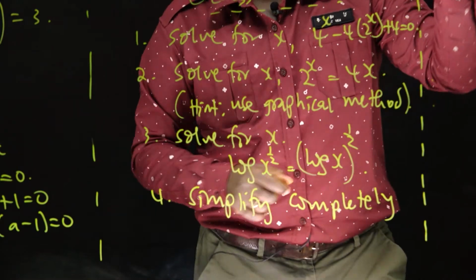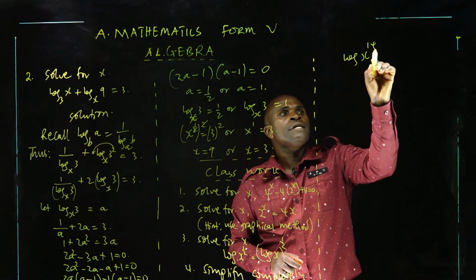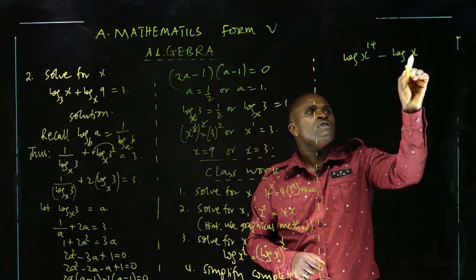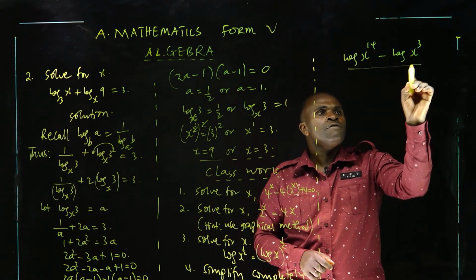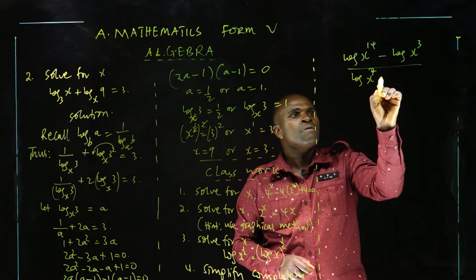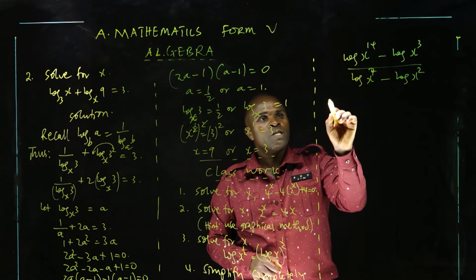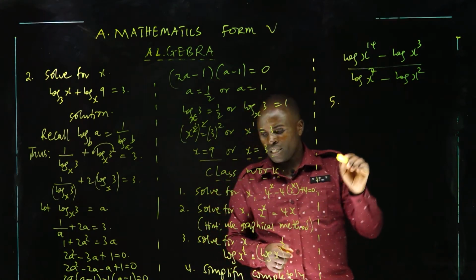You can have logarithm of x power 14 minus logarithm of x power 3 divided by logarithm of x power 7 minus logarithm of x power 2.